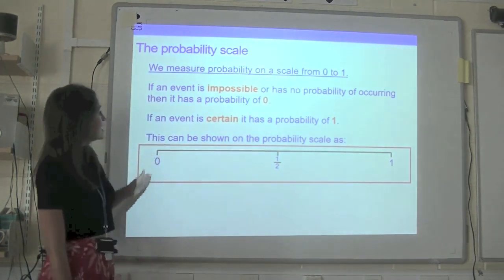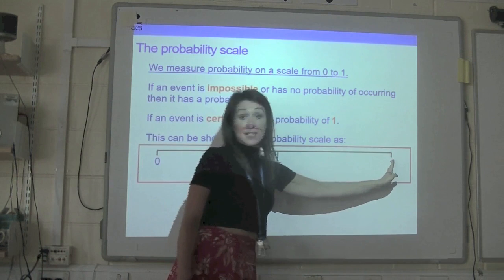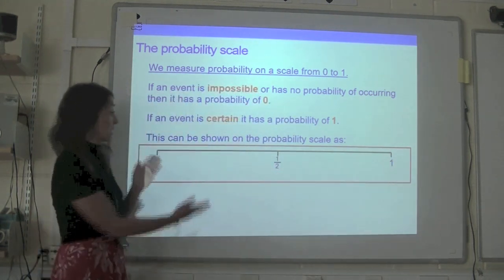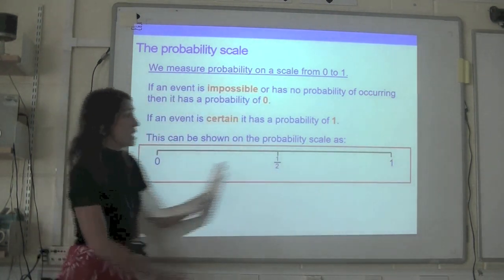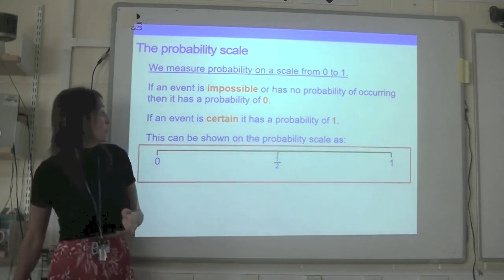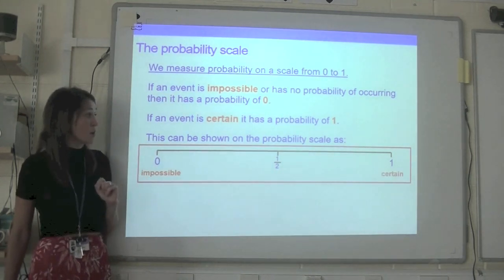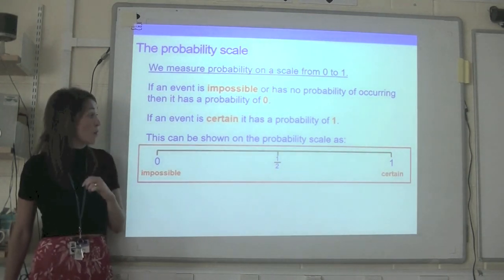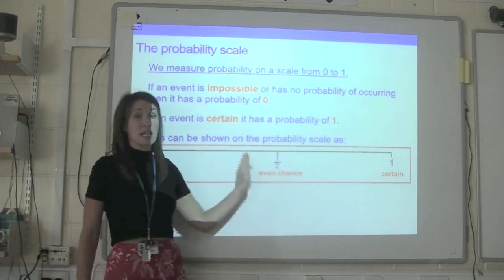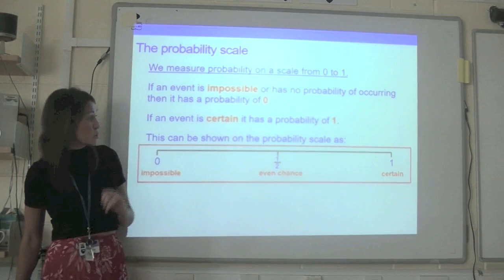So before we had 0 being impossible, 1 being certain, the left-hand side being impossible and the right-hand side being certain. Well, now we put a number to that. So we've got impossible being 0, certain being 1. And an evens chance being this half point, halfway in the middle between 0 and 1.